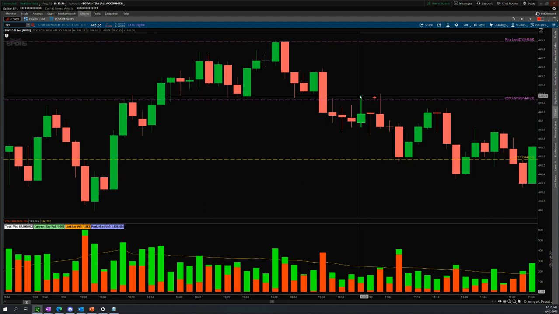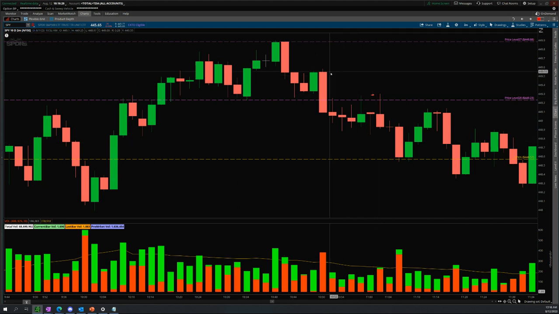But the candle did not close above this line. It's so important to really understand that the candle tells you so much. If this candle closes above this level, now that is my stop loss. This is when I'm getting out of the trade. But if the candle does not close above it, this is still validating that sellers are in control of this area.